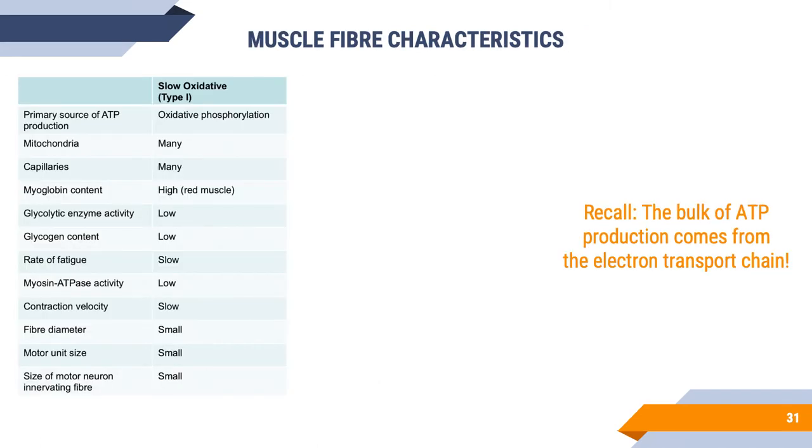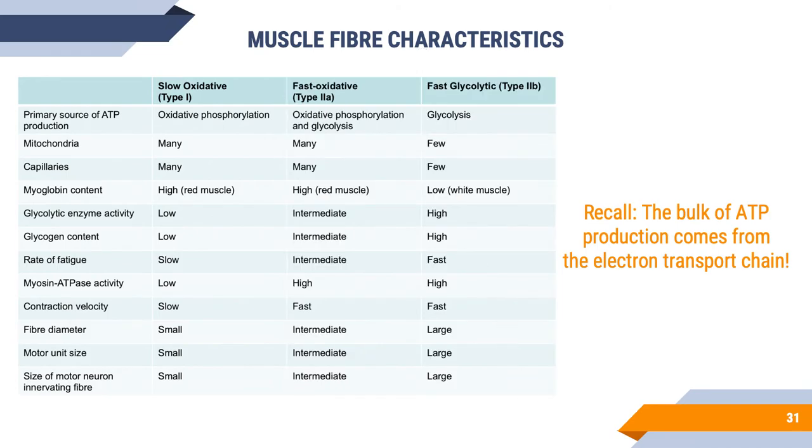So a couple of things I want to consider here when we're talking about muscle fiber characteristics. Just quickly, thinking about our different skeletal muscle fiber types. First and foremost, slow oxidative type 1 fibers are predominantly used for aerobic energy production because we have a high mitochondrial content. Where we consider our type 2 oxidative fibers, our type 2As, these are for oxidative phosphorylation and glycolysis, or aerobic glycolysis.